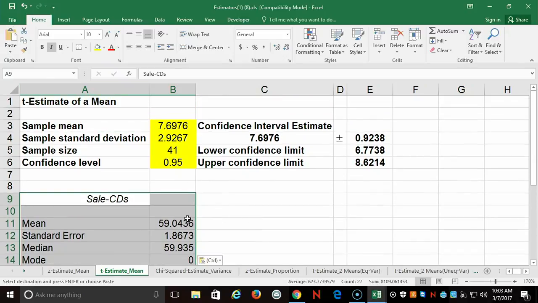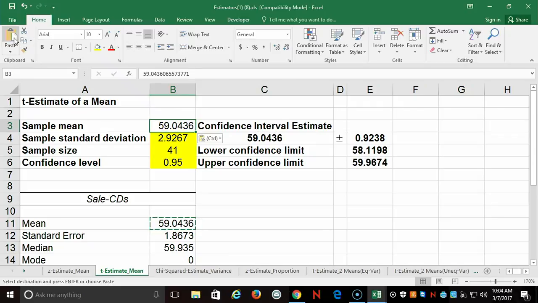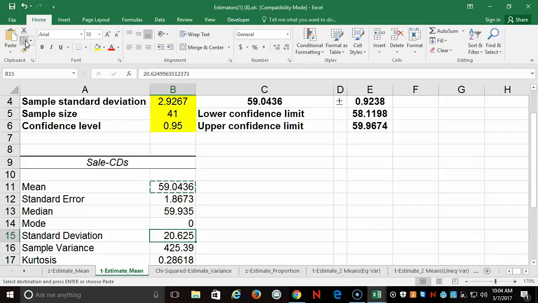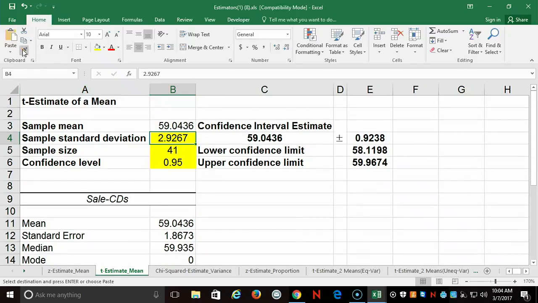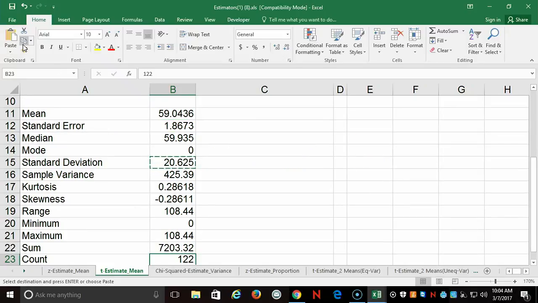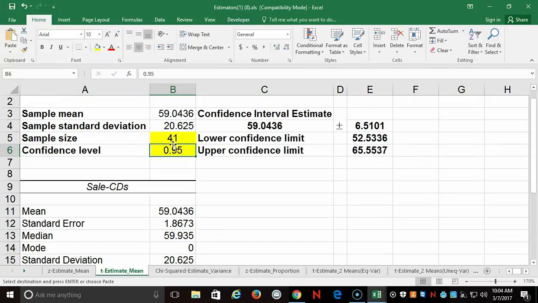All right. I'm going to plug these values in. The sample mean is 59.043. The sample standard deviation is 20.625. The sample size is 122. And the confidence level is 95%.